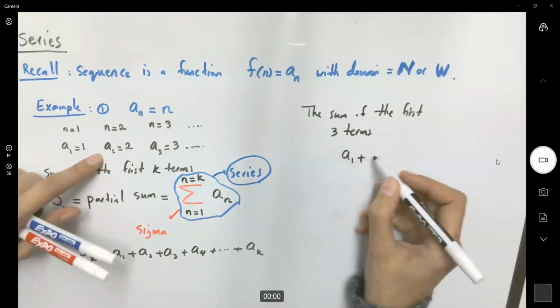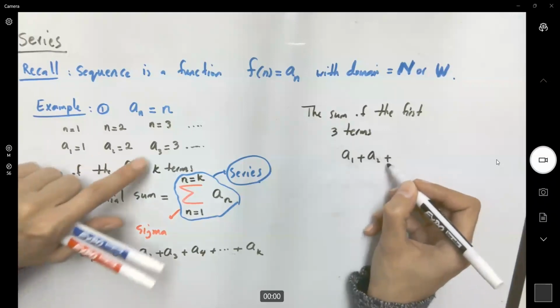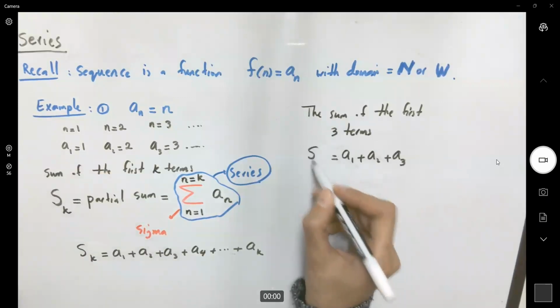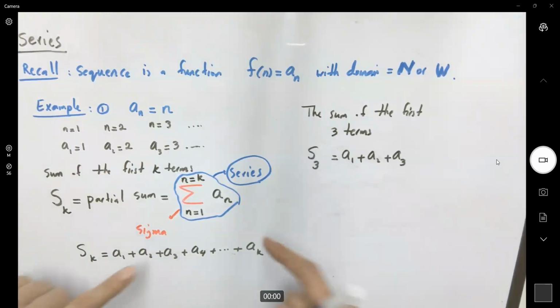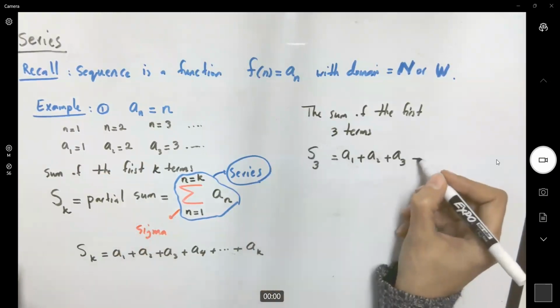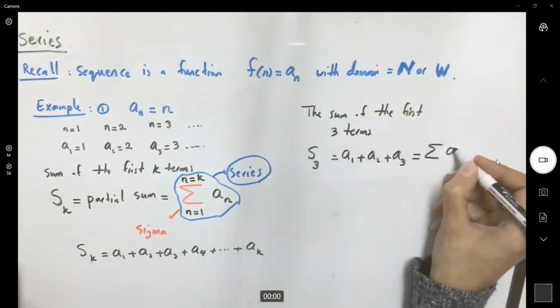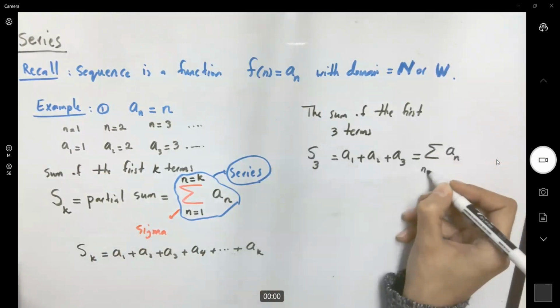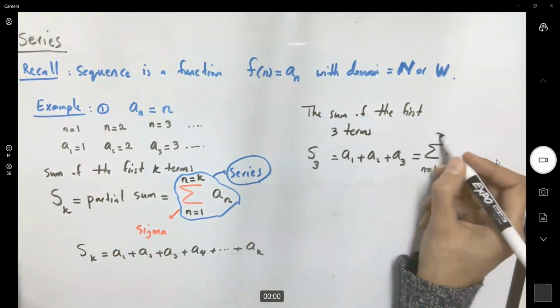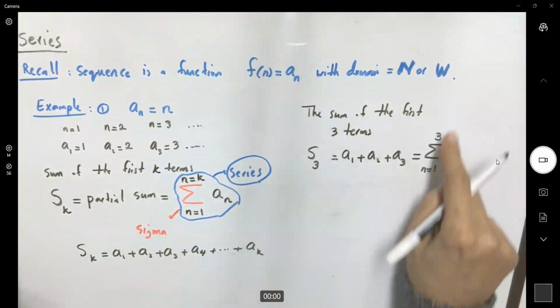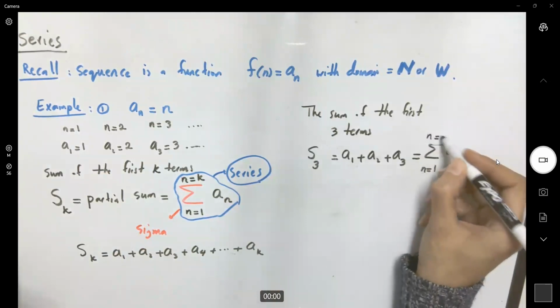The second term is a2. And the third term is a3. We denote this by S sub 3. Mathematically, we write it as the sum, sigma a sub n, where n starts from 1 and stops at 3.